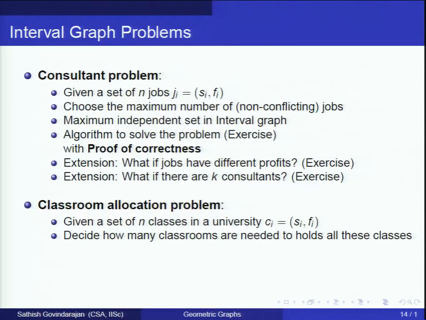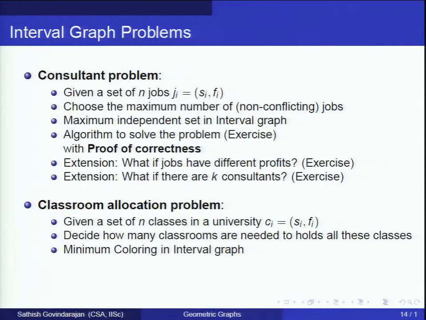But what is not clear is, can I always have 5 classrooms and allocate them to all the classes? If I can do it, then that's great. What is not clear is how do I use only the depth number of classrooms and make sure that all the classes are held?